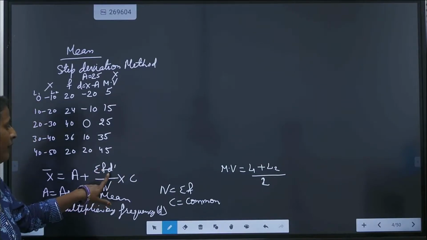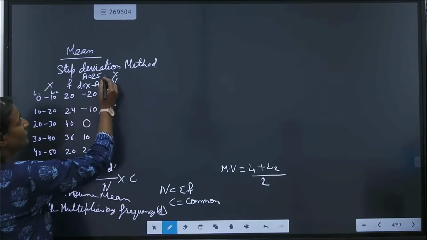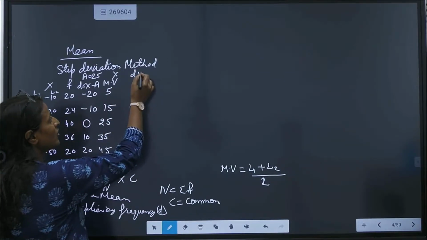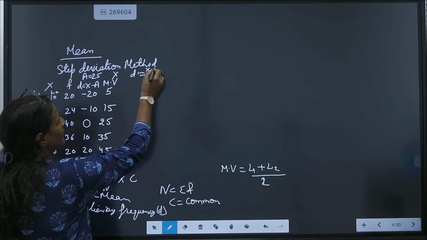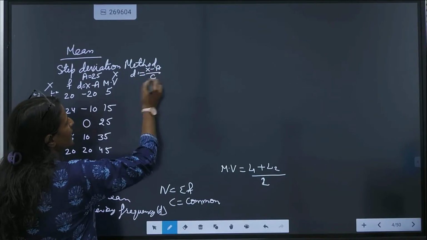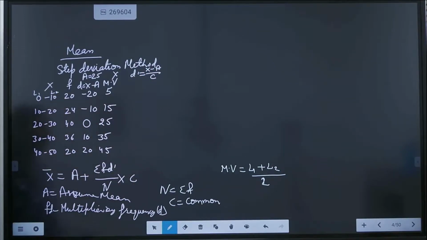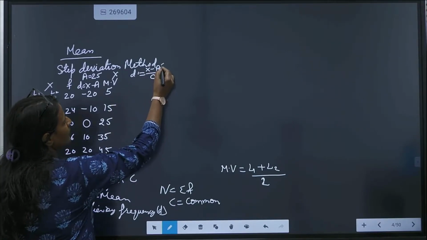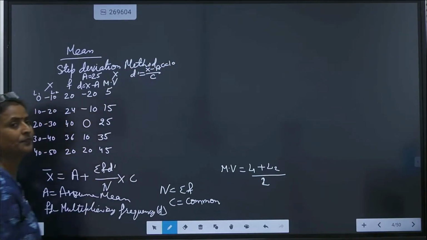Now we needed d dash. D dash equals to x minus a upon c. C is a common factor. So we have to divide d with the common factor. So we have to take c here. C equals to 10.